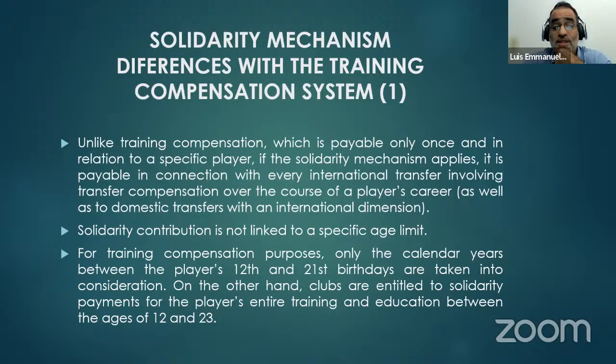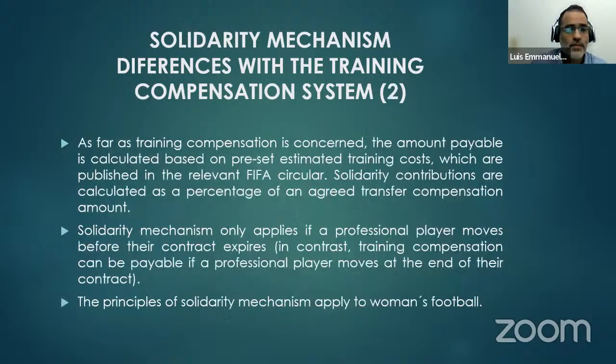For training compensation purposes, only the calendar years between the player's 12th and 21st birthdays are taken into consideration. On the flip side, clubs are entitled to solidarity payments for the player's entire training and education. That would be between the ages of 12 and 23. As far as training compensation is concerned, the amount payable is calculated based on preset estimated training costs, which are published in the relevant FIFA circulars.